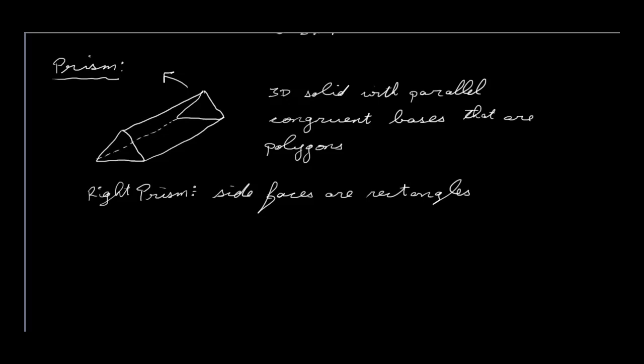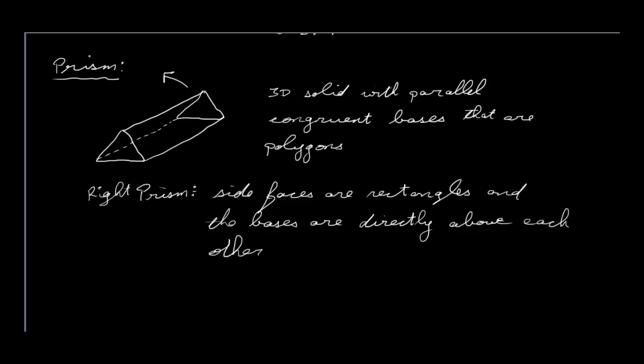And also the bases are directly above each other. So in other words, if I turn this up, this would be underneath this one, this would be directly above this one here. So this is actually a right prism here.